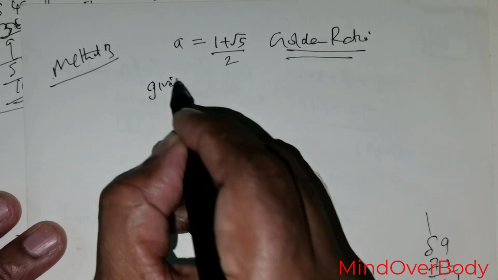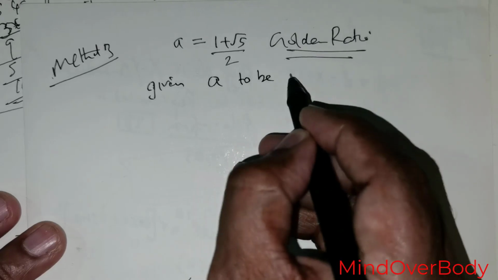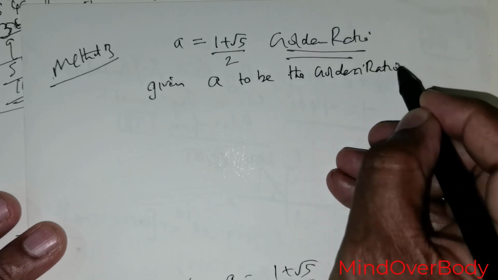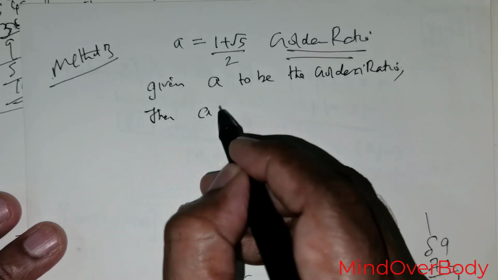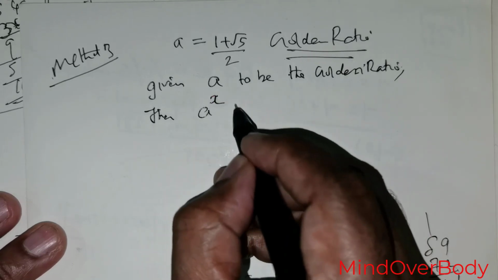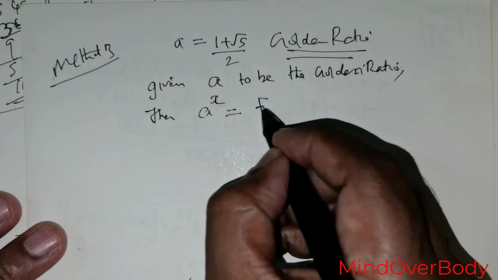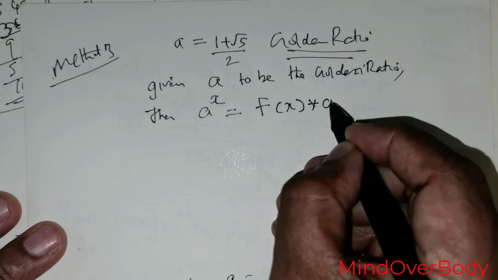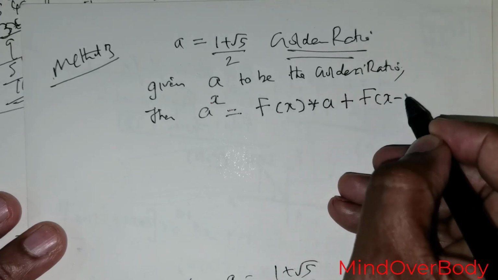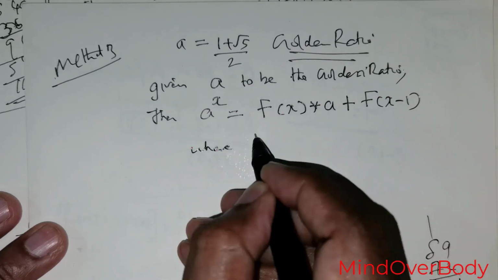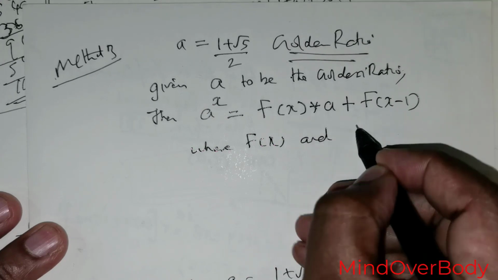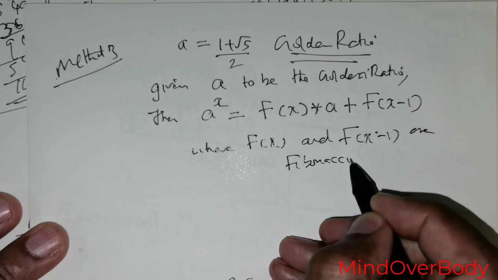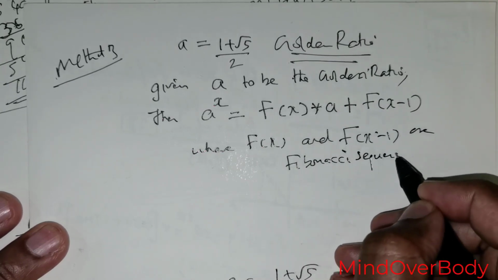Now, given a to be the golden ratio, then a raised to the power of x can be written as f of x, of course, multiplied with a, plus f of x minus 1, where f of x and f of x minus 1 are Fibonacci sequence numbers.